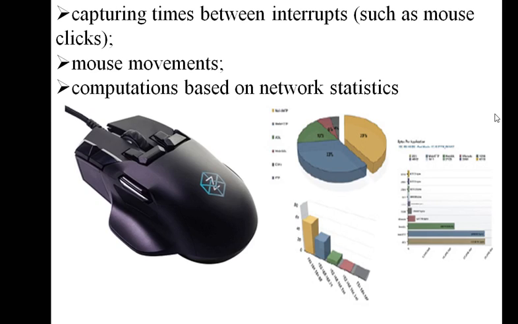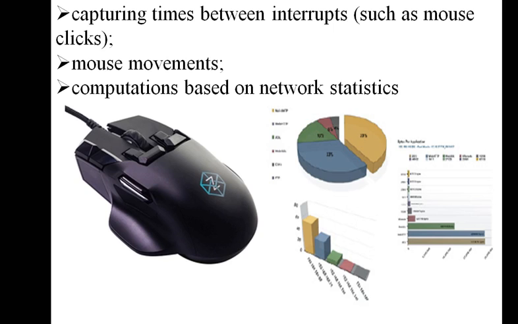And capturing the times between interrupts, that is mouse clicks. When you press the mouse it is based on randomness, and if you are moving the mouse, right, and computations based on network statistics.